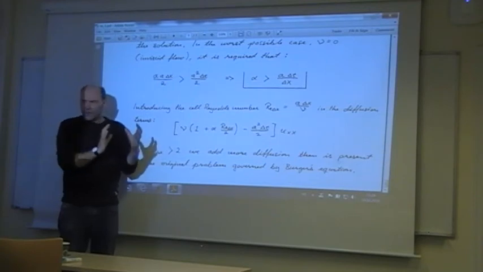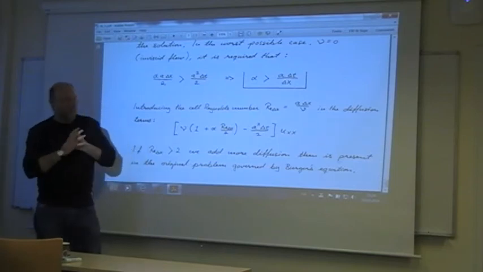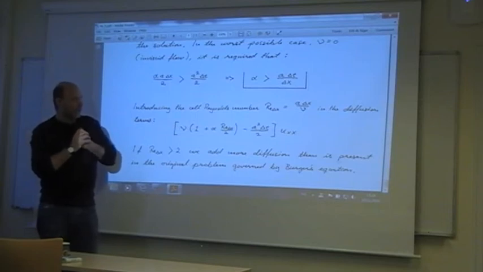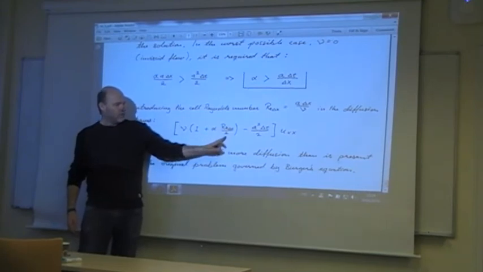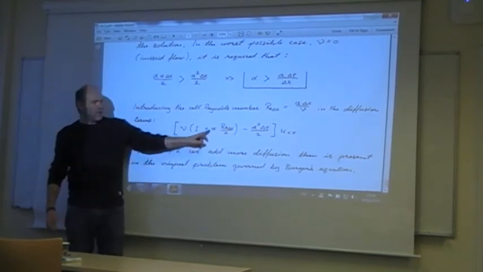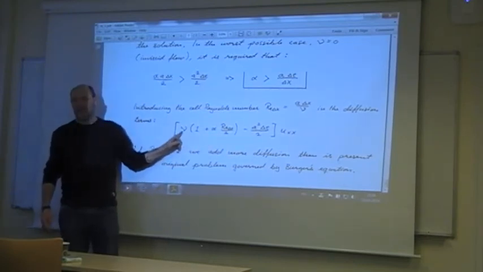Delta x has to be small enough so you resolve the physics in space. Goes without saying. But if this cell Reynolds number now is, say, a little bit big, maybe bigger than 2, for instance, and we choose upwind scheme, well, then we are actually doubling the viscosity.